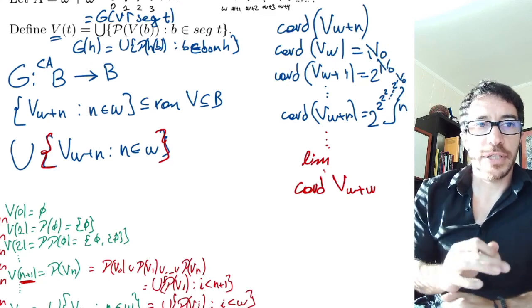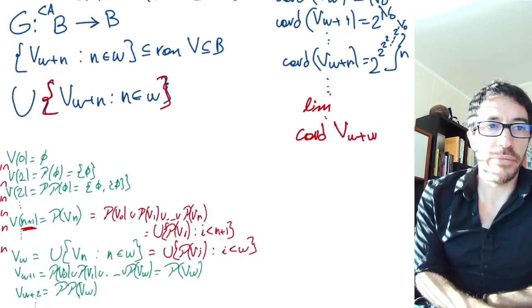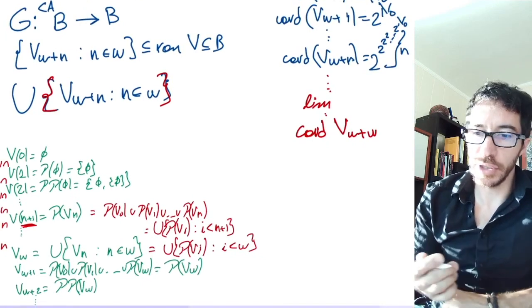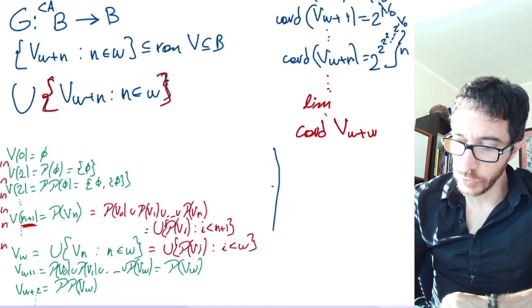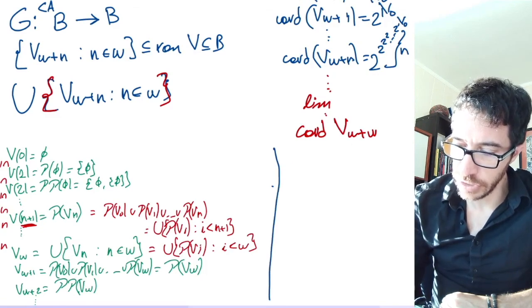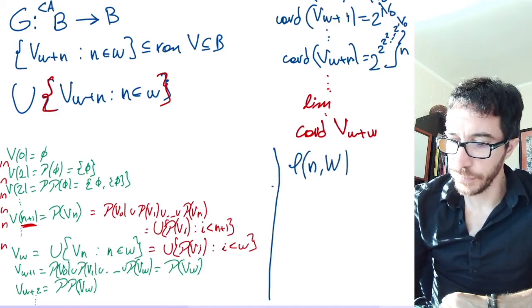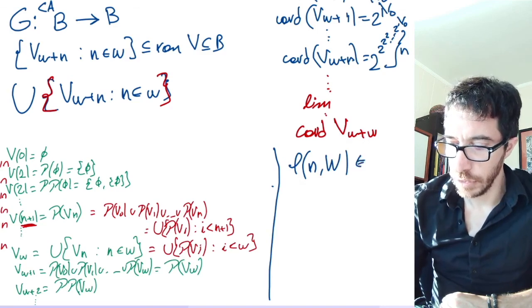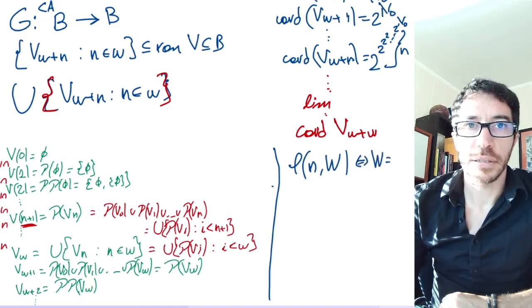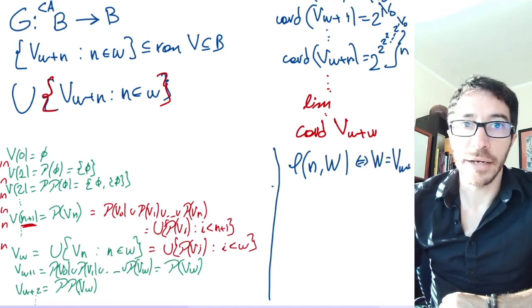So going back to the case where we have all these V omega plus 1, V omega plus 2, and so on, it takes a little bit of work, but you can define a formula phi of n comma, let's say, w, that holds if and only if w is V omega plus n.